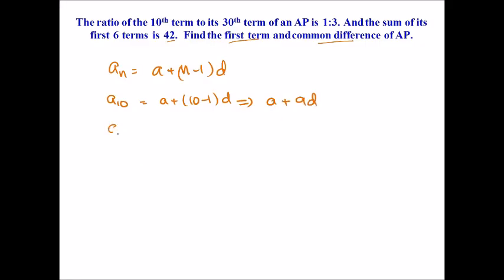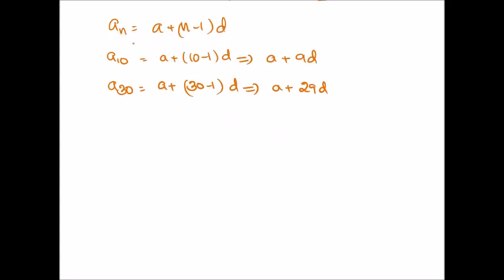Similarly, a30 = a + (30 - 1)d, that implies a + 29d. Given that a10 divided by a30, that is the ratio, is equal to 1 by 3.